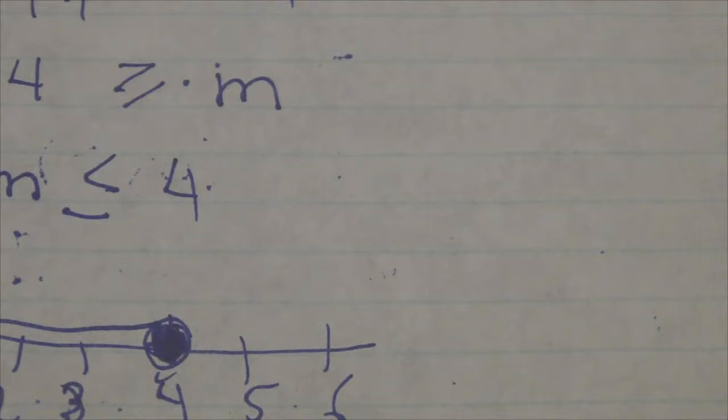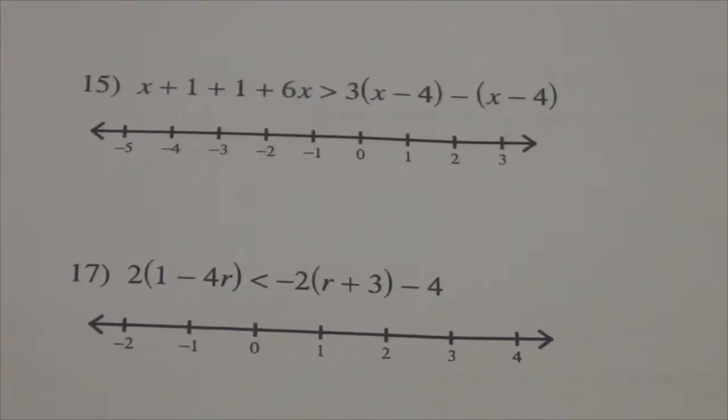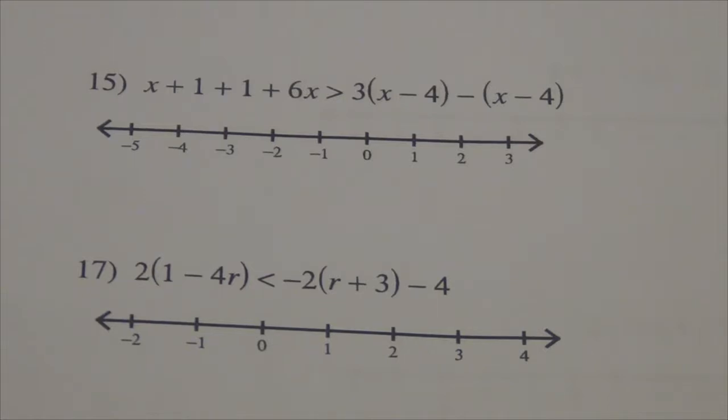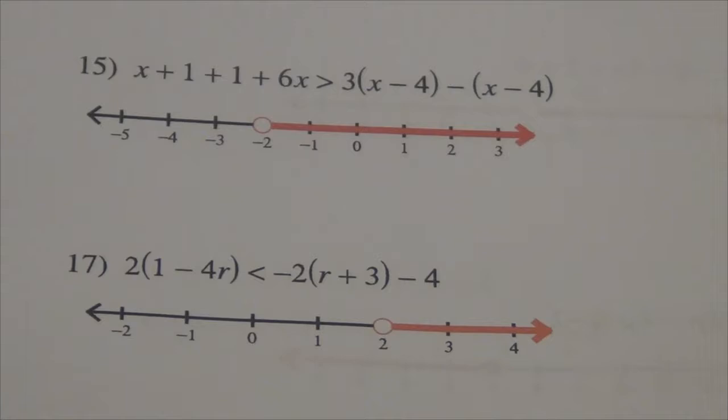This one right here. 15 and 17. Okay. Copy them. Got it? All right, so now let's check what the answers are. 15 and 17, right? Right here. If that's what you got, you're good. If not, we're going to have to revisit that.